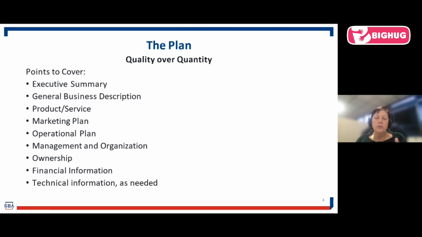I've sourced them out, made sure I have more than one available to me to make sure that I can meet my sales needs based on the contracting. So these are the elements of it. In terms of the general business description, you really want to talk about your staff, your management of your staff, if you're going to do all of that personnel management in-house, or if you're going to contract it out.